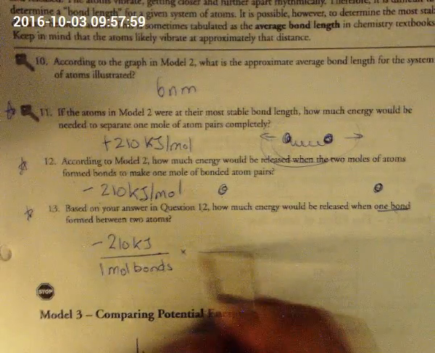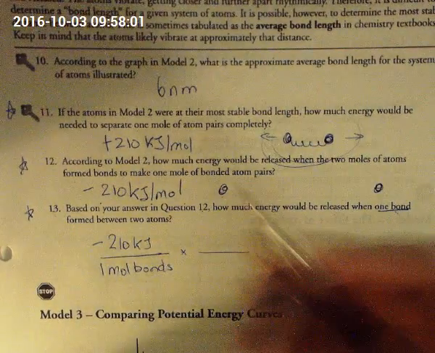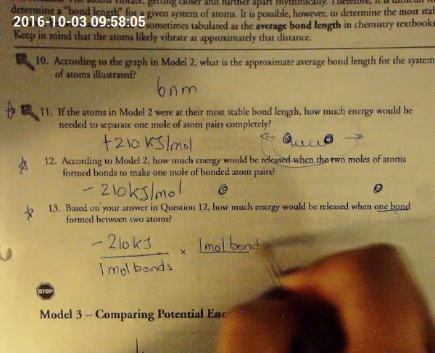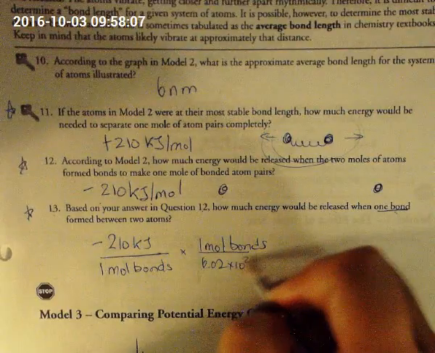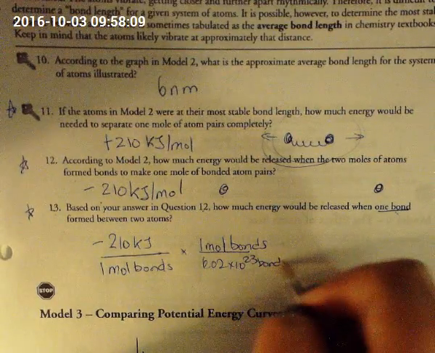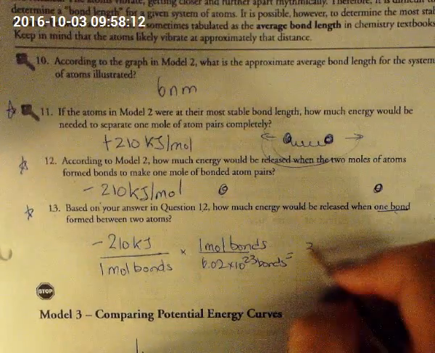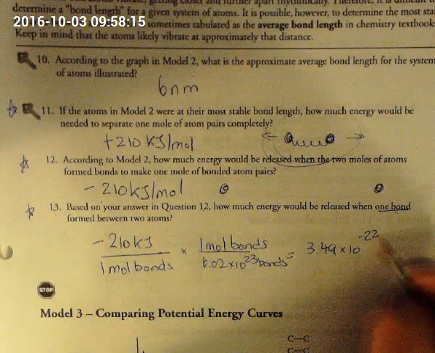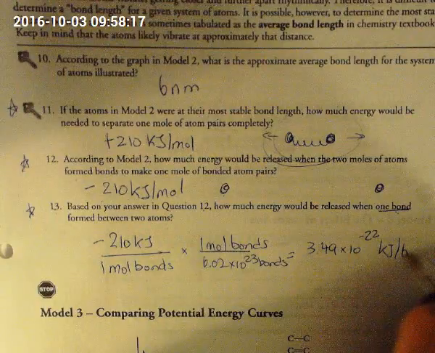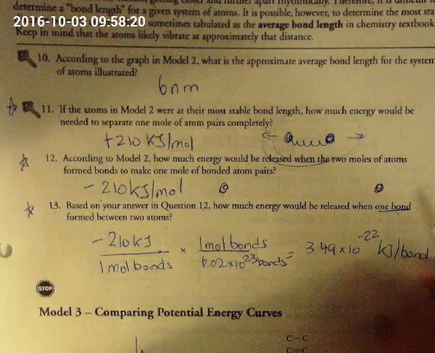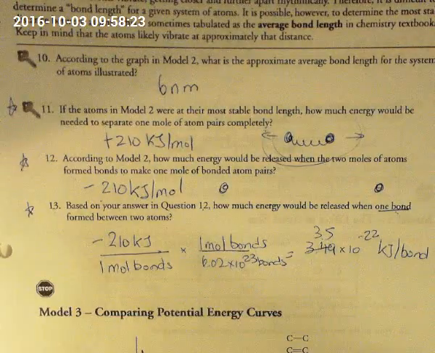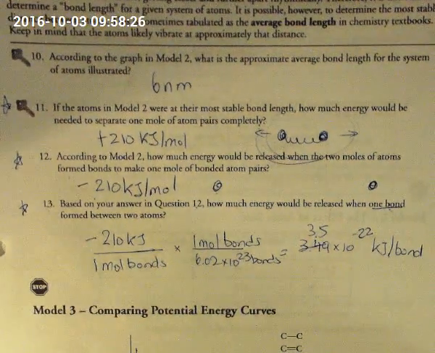So what do I do with this? You divide it by Avogadro's number. So 1 mole of bonds is equal to 6.02 times 10 to the 23rd bonds. And so then the answer that you would get is 3.49 times 10 to the negative 22nd kilojoules per bond. Actually, you would give 3.5, right? Because you only got 2 sig figs in the kilojoule number.